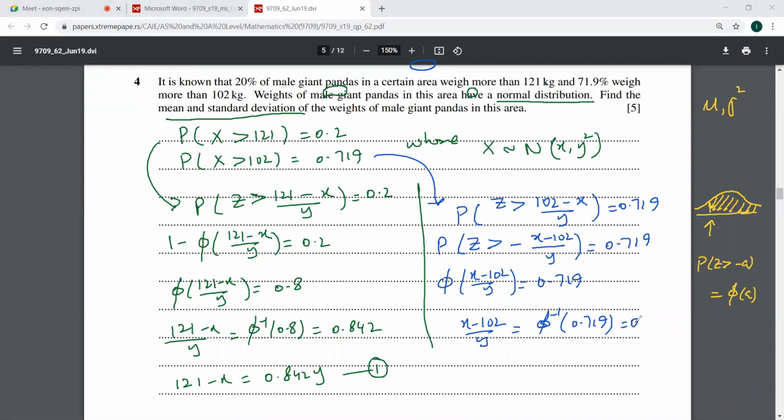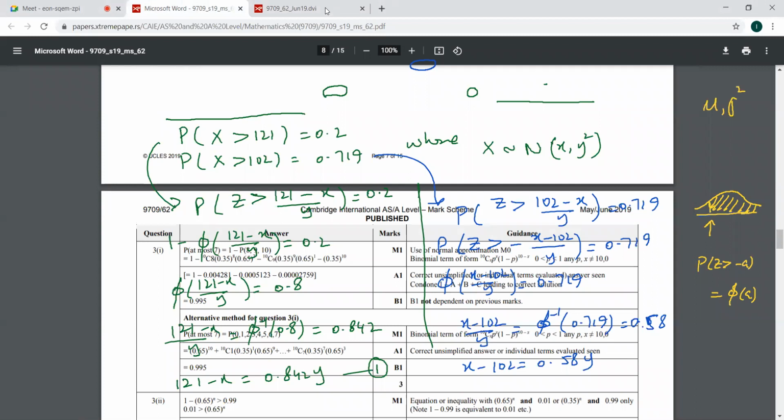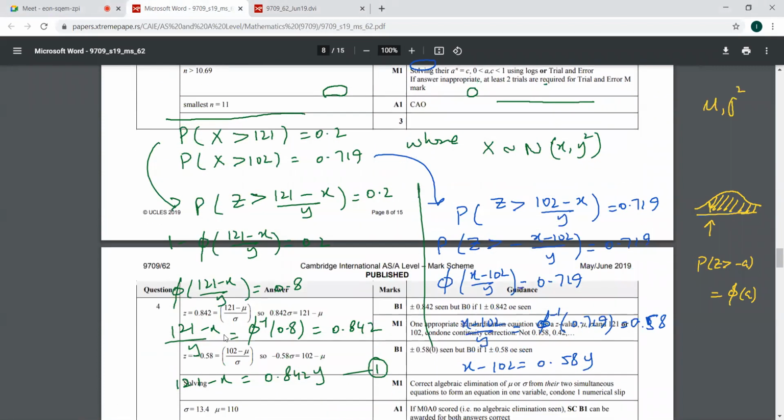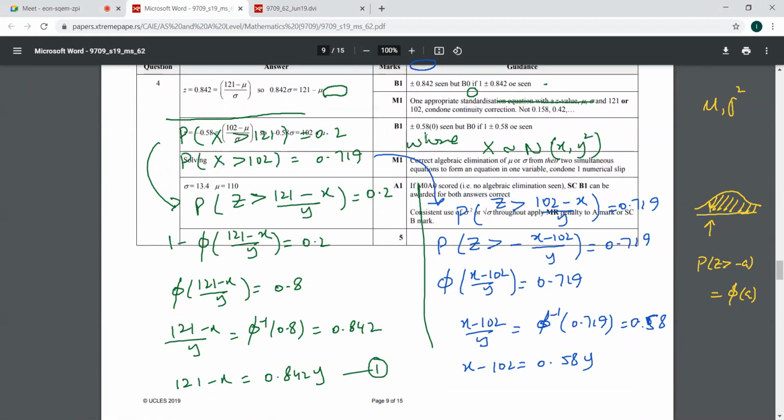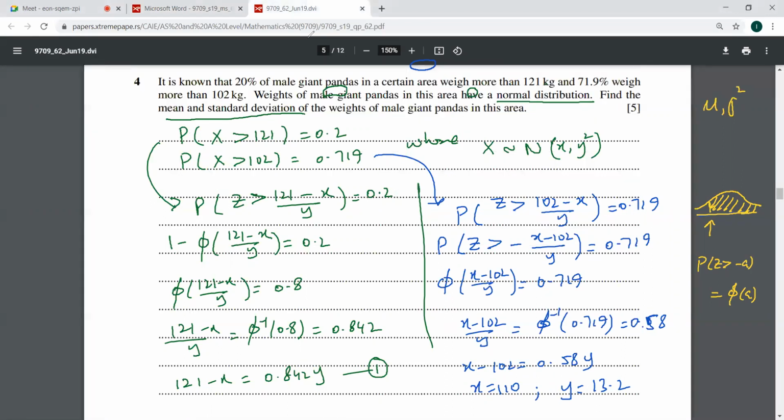So you have your second equation, x minus 102 is equal to 0.58y. You solve this, let me copy down the answer from here. Your mean should be 110 and the standard deviation would be 13.4. So these are the answers that you guys will be getting, inshallah.